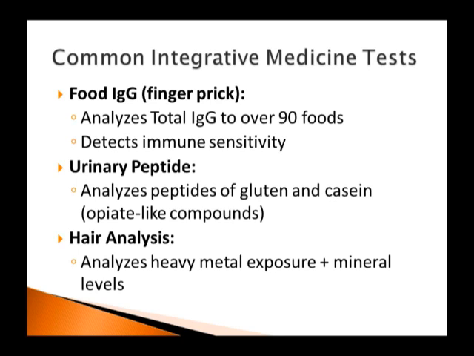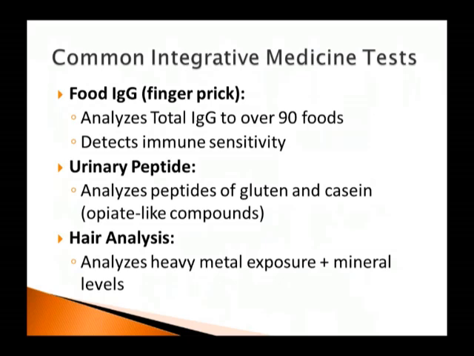It turns out that the IgG4 is actually more protective than anything else. It's not suggestive of a true food sensitivity. So Great Plains does total IgG, and they now have it as a finger prick test, and that's what I currently use. It's very accurate and very helpful to analyze for food sensitivity.